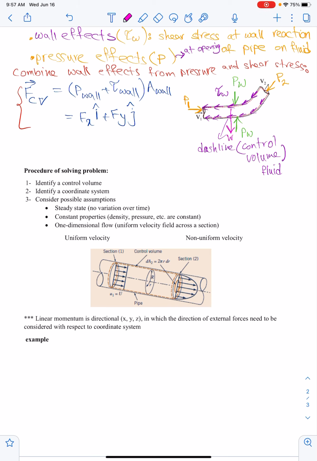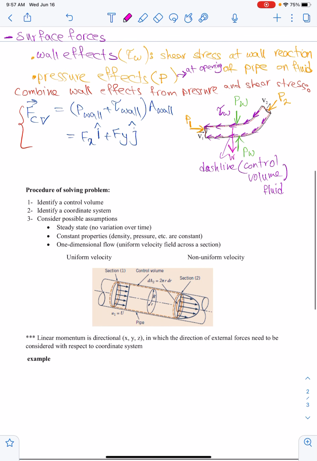And just some side notes on how to approach solving the question. First, we need to identify a control volume, like what we had here, the dashed lines.